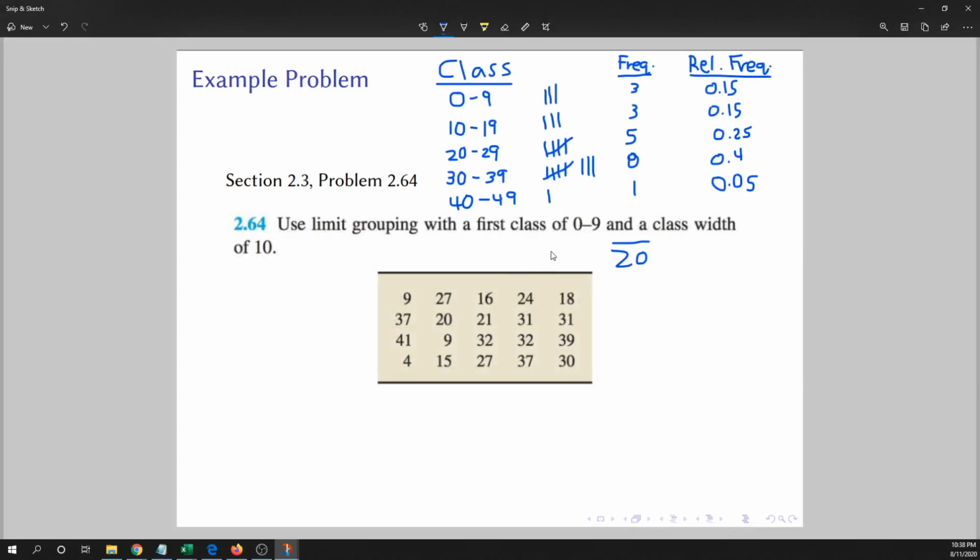So here they told us the first class was 0 to 9. And so that would mean that this would pick up at 10, right? So that gives us a class width of 10. So all of these are going to differ by 10. Same thing with the upper limits as well. Okay.